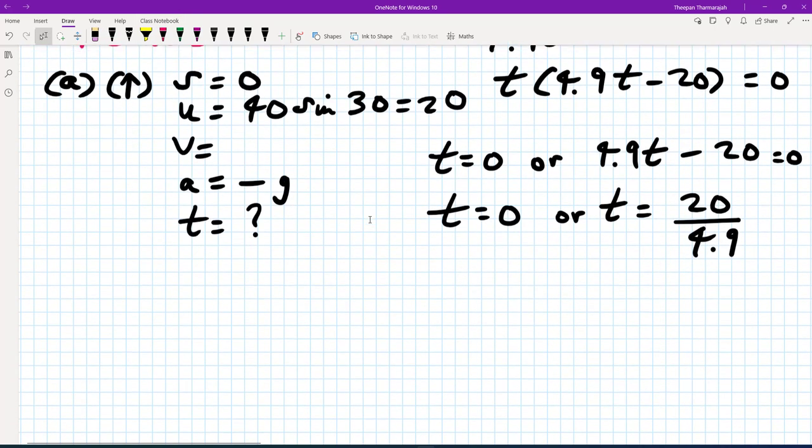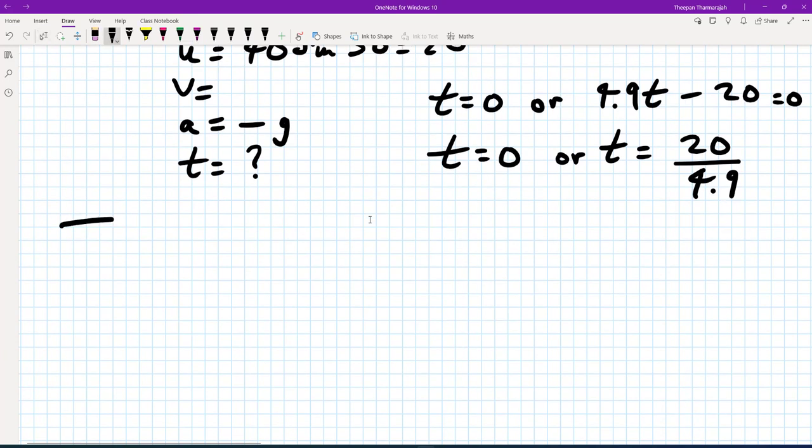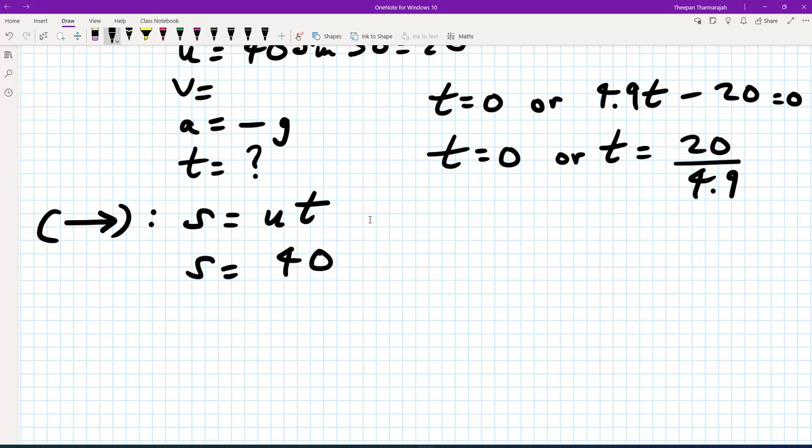So we need the horizontal displacement, so taking the horizontal sense, s equals ut. In our case it's going to be 40 cos 30 times 20 over 4.9.